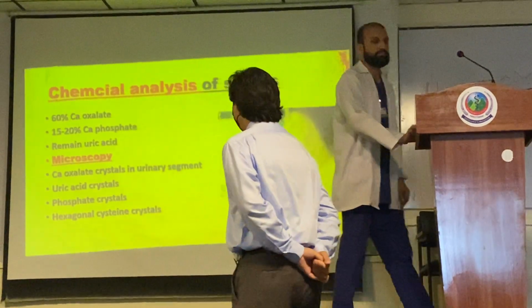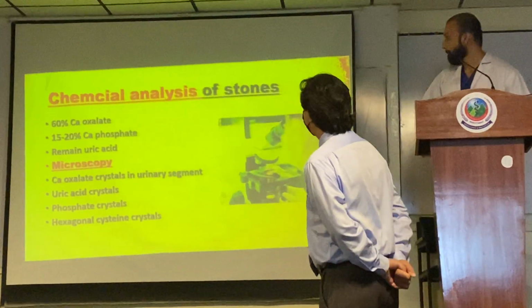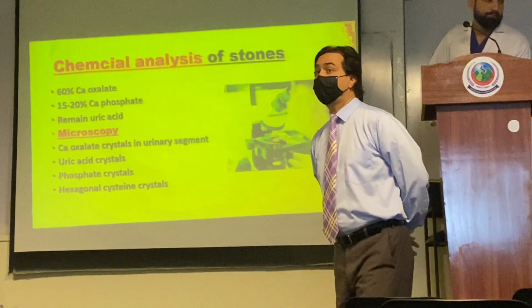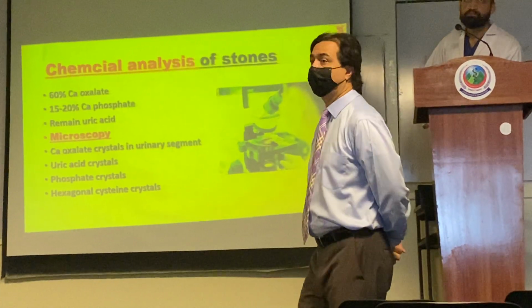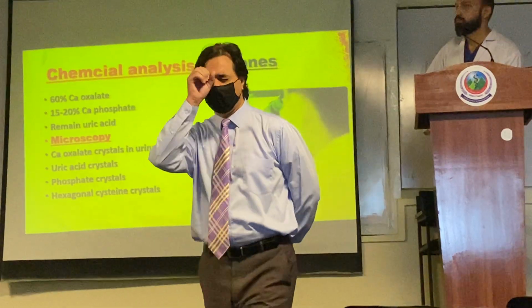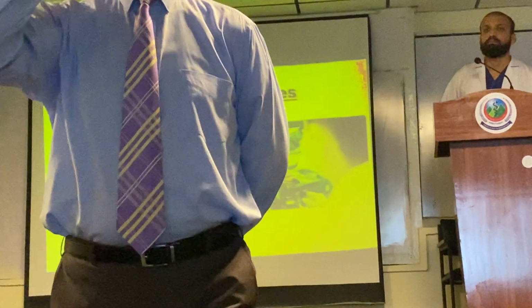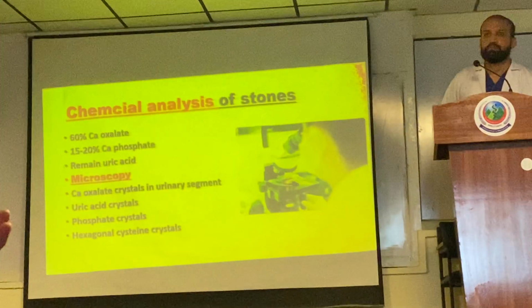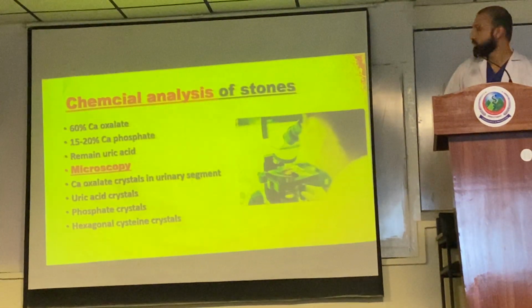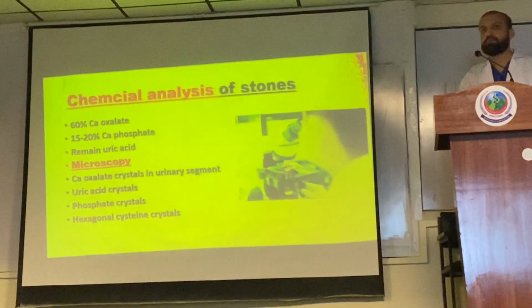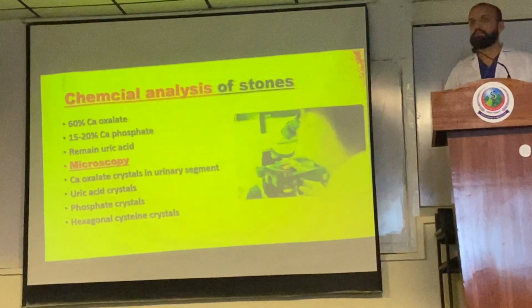So if you do microscopy, you will find calcium oxalate crystals, uric acid crystals, phosphate crystals, hexagonal cysteine crystals. So simply looking at the crystals under the microscope, you can diagnose what type of stone is inside. Right. If you find hexagonal crystals, what is the stone? It is cysteine.